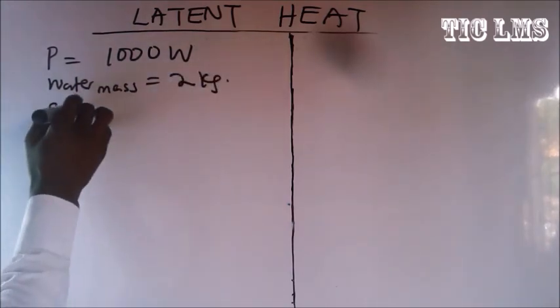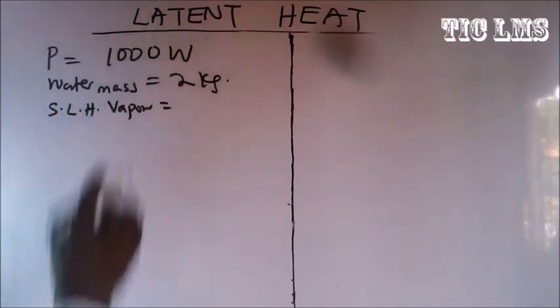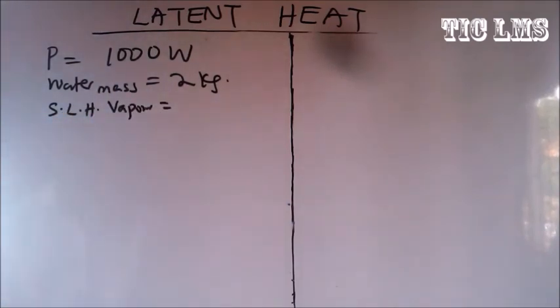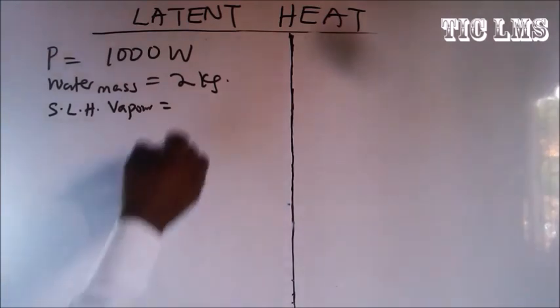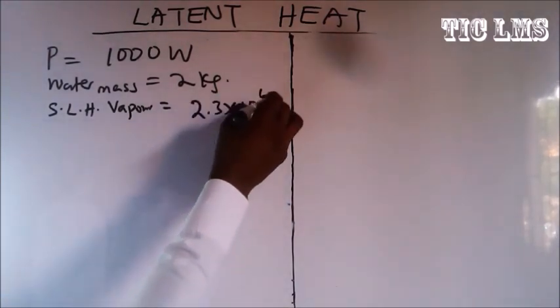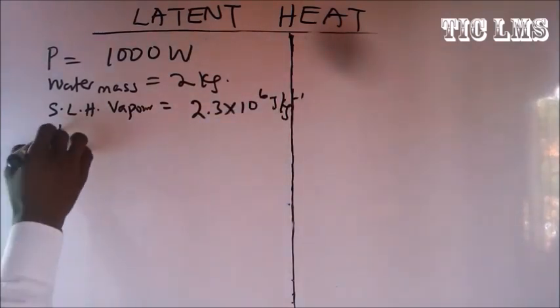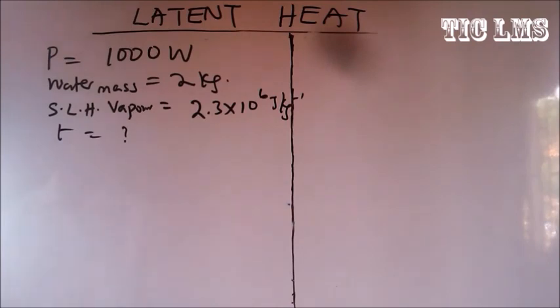We are given the specific latent heat of vaporization which is required to boil it off, meaning that there is a change from 100 degrees Celsius of the water into vapor at 100 degrees Celsius. So that is 2.3 times 10 raised to 6 joules per kilogram. Now we are looking for the time that is required to carry out this.